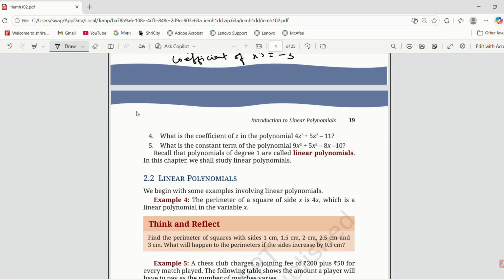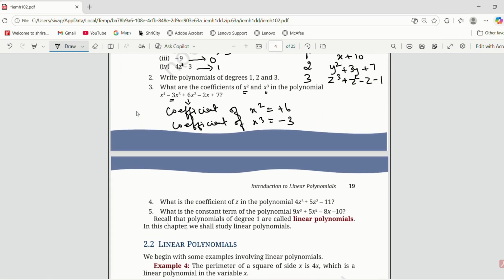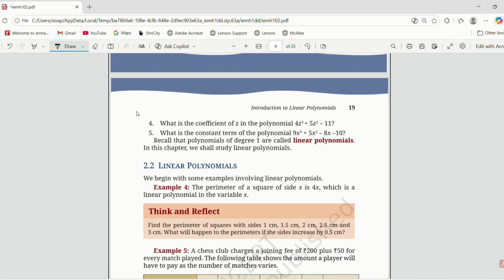See, in the previous question they asked us the coefficient of x square and x cube, and there are terms with x square and x cube, so we could look at the number in front of the term. But here in this polynomial there is no such z term. The z cube term is there, the z square term is there, the constant term is there, but there is no z term, which means we can write this expression as 4z cube plus 5z square.